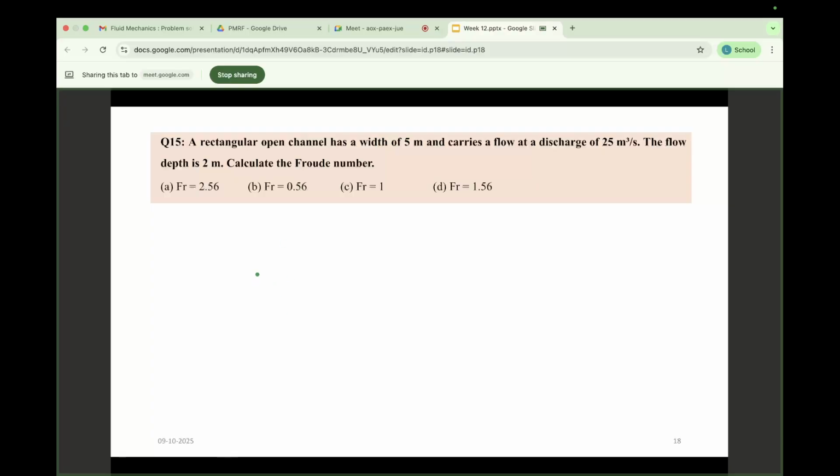So just you need to remember this Froude number Fr or F, whatever you represent, V by root of g y. So you have got Q. Q is 25 meter cube per second. So from Q you can calculate V, right? How?